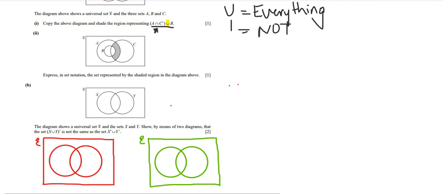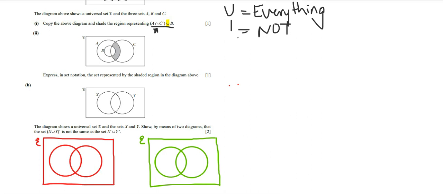Okay. Now, it asks us to express in set notation the set represented by the shaded region in the diagram above. Let's just consider this for a second. We see that there's a little intersection region between A and C, but nothing with B. So B is completely out of the picture essentially. And how do we represent that?